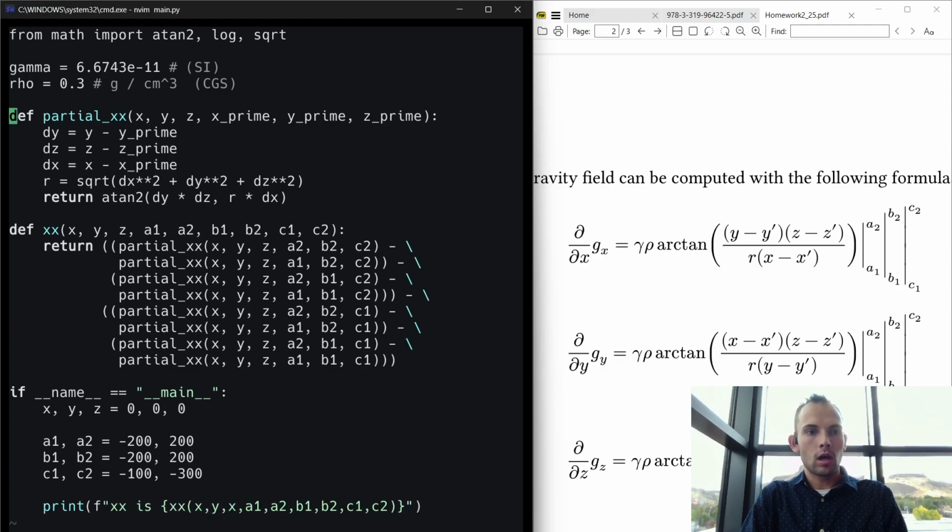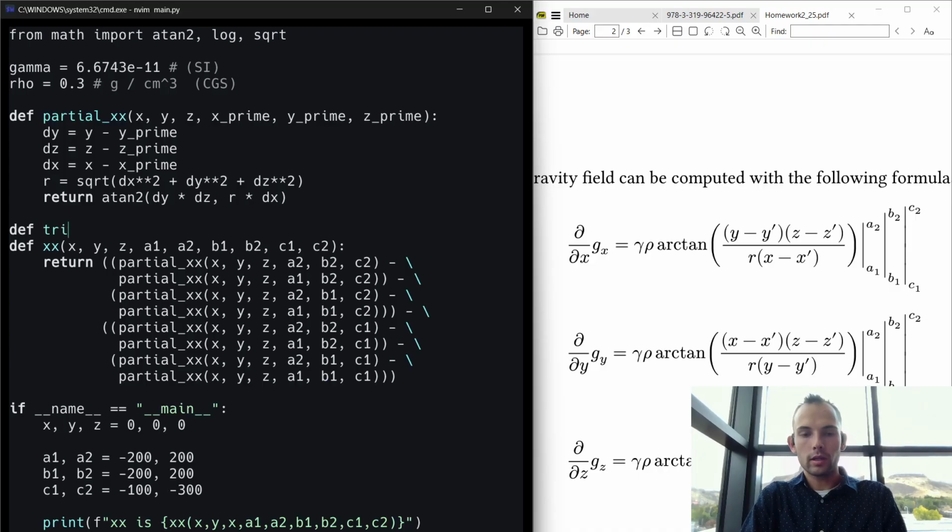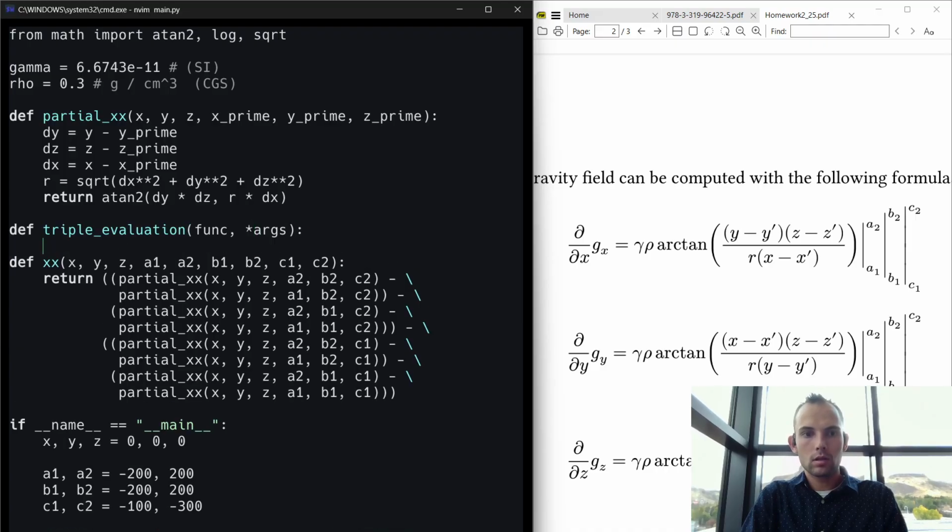I want to just copy and paste this over and over and over. So maybe it would help to write a helper function. Just call args. Yeah, let's just do it like this.